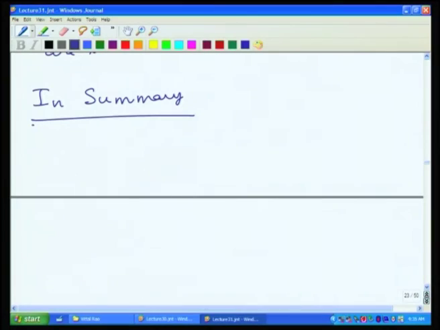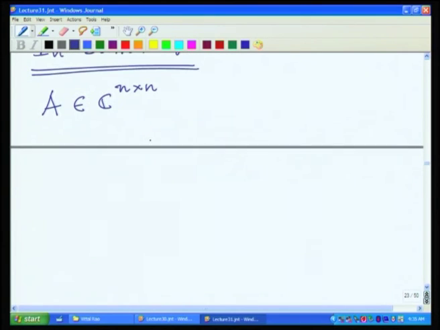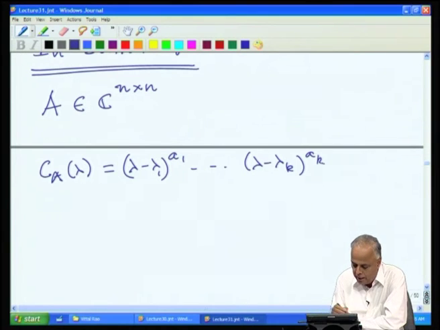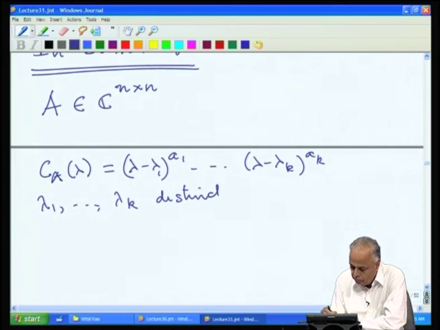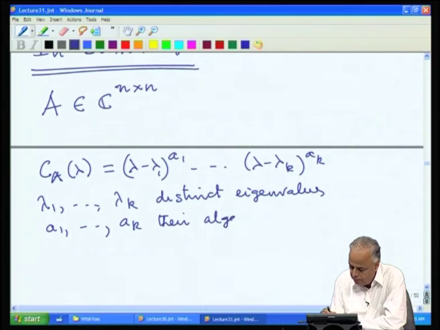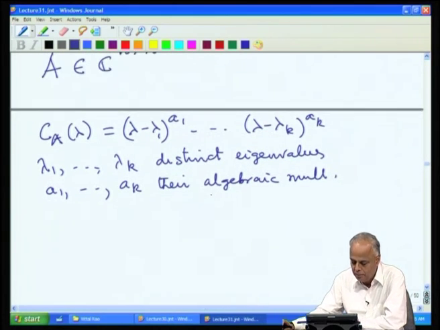we have the following result. Suppose I have a matrix A which belongs to complex n by n, and its characteristic polynomial is (lambda minus lambda 1) to the power of a 1 up to (lambda minus lambda k) to the power of a k, with lambda 1, lambda 2, up to lambda k distinct eigenvalues and a 1, a 2, up to a k their algebraic multiplicities.